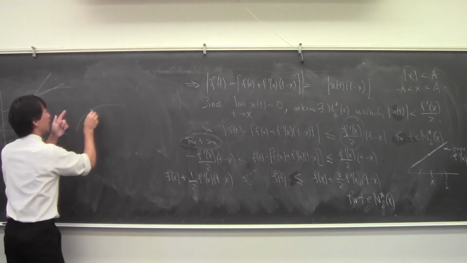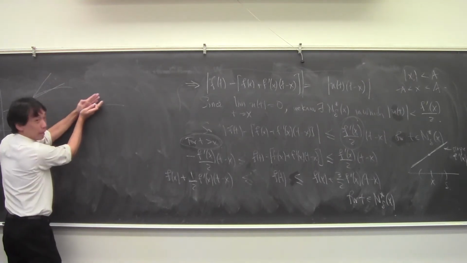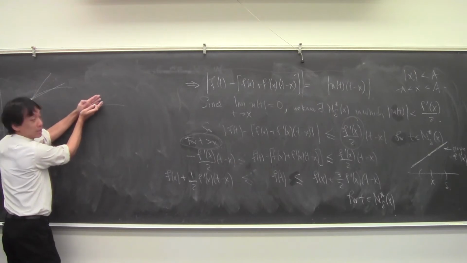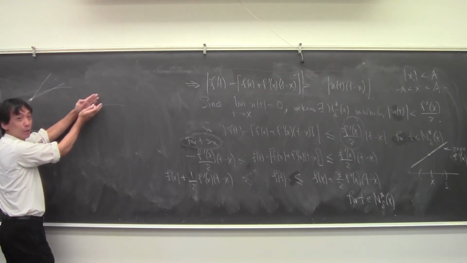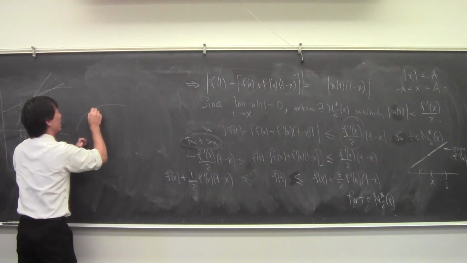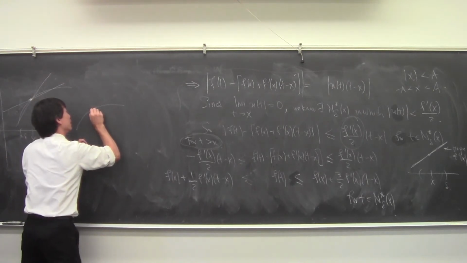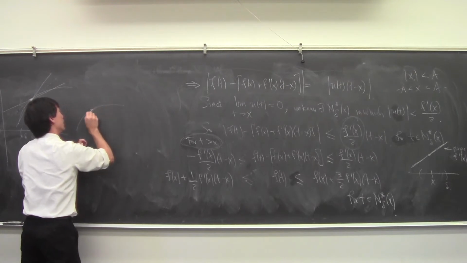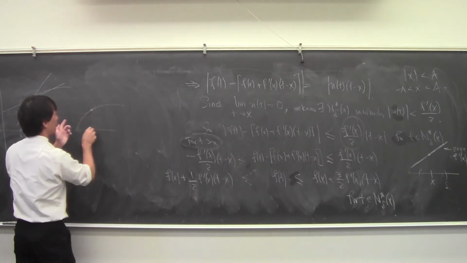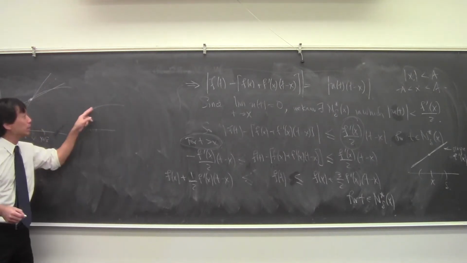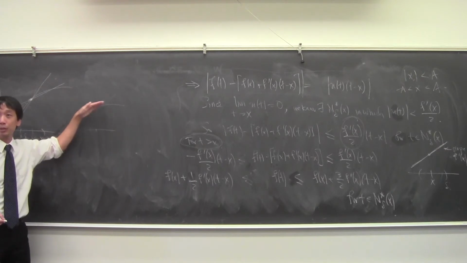So here's my tangent line. I can take this perturbation to be as tiny as I like, right? I can perturb the slope by as little as I desire, right? So I can perturb it by some tiny thing, and I know that there's going to be some neighborhood in which my function is trapped between those two bars, right?